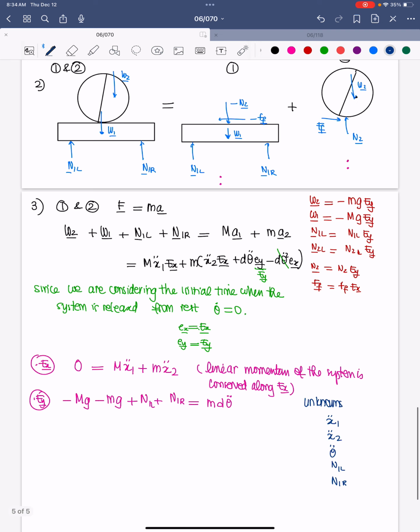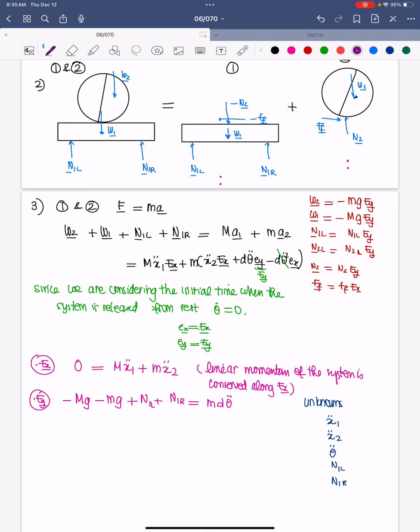We can write the balance law, the F equals ma, for one of the other two systems. So maybe we'll do that for the disk on its own. We will try.